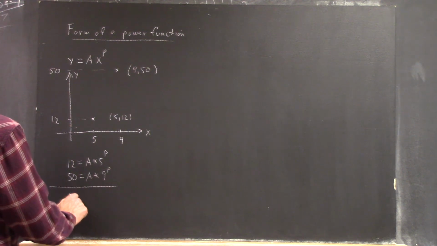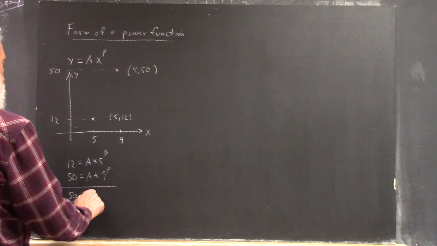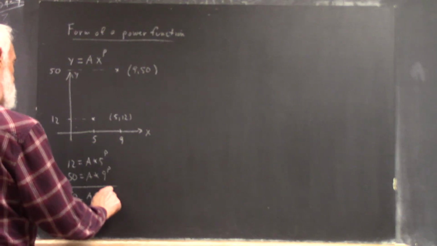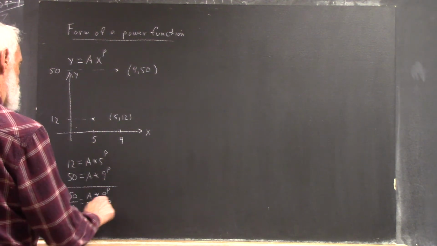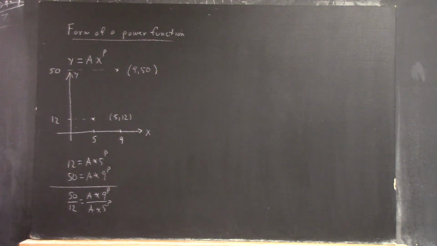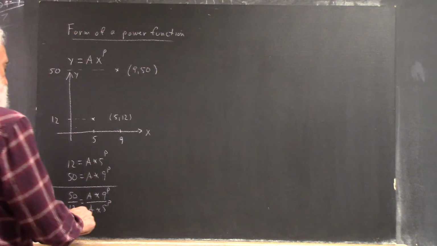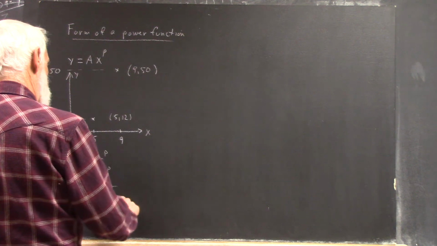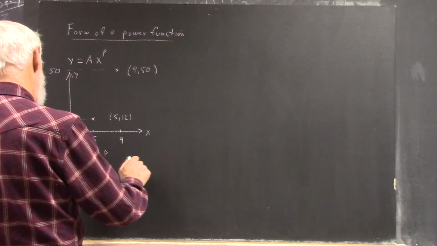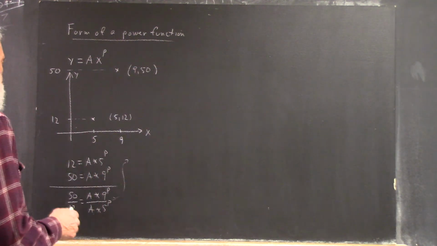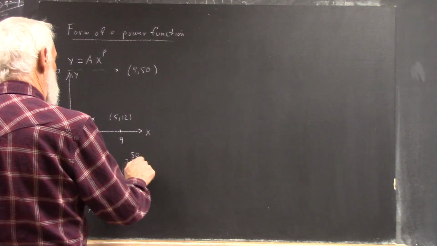Okay, so we get 50 over 12 equals a times 9 to the p divided by a times 5 to the p. Now, okay, that's easy enough. 50 over 12 could be reduced to 25 over 6, but I'm just going to leave it 50 over 12.